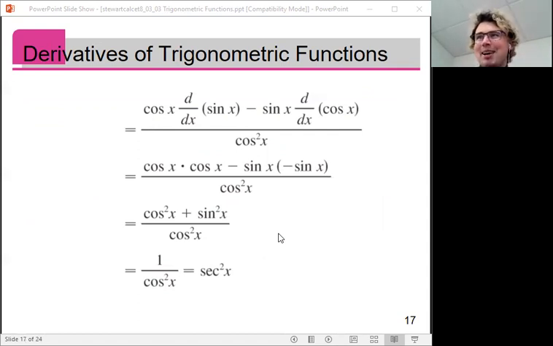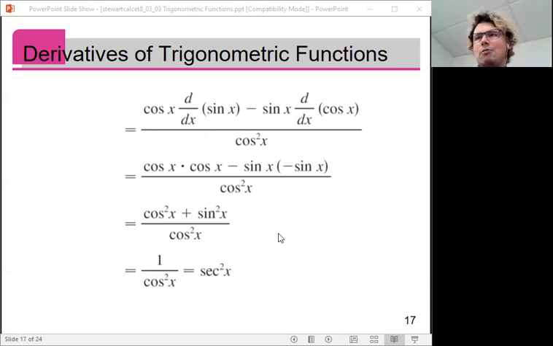Here, my high function is sine of x. My ho function is cosine of x. So substituting those into my formula, I've got cosine of x, derivative of the sine, minus sine of x, derivative of the cosine, all divided by the cosine squared.